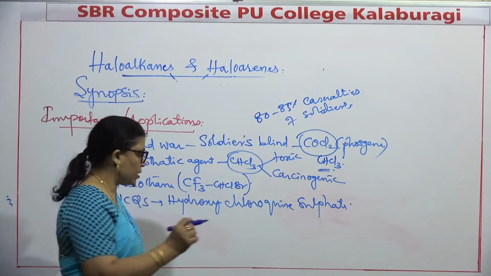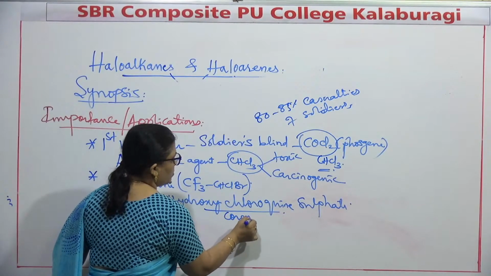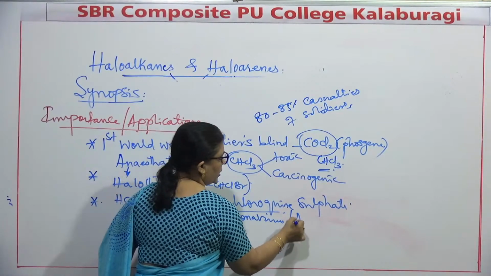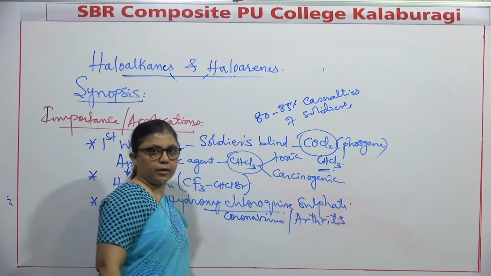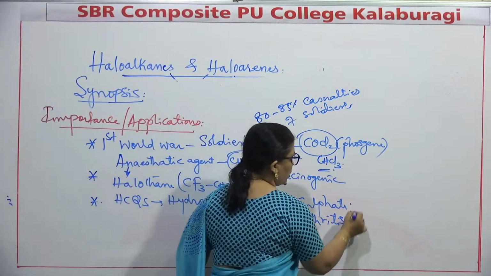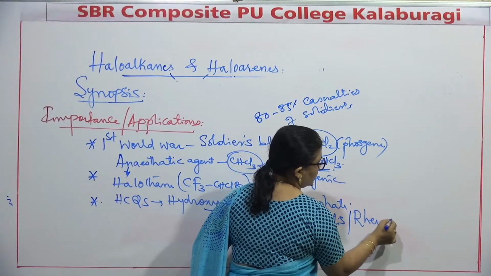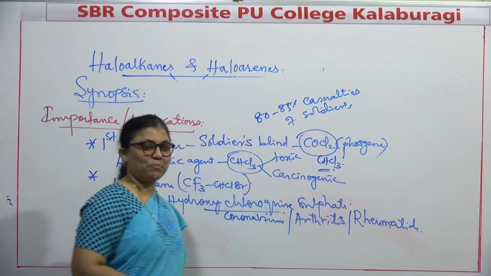Have you remembered, children? This is not only used for coronavirus treatment, it is even used in arthritis. It is an arthritic drug, or even we can call it rheumatoid. Those from biology know the perfect spelling and all.